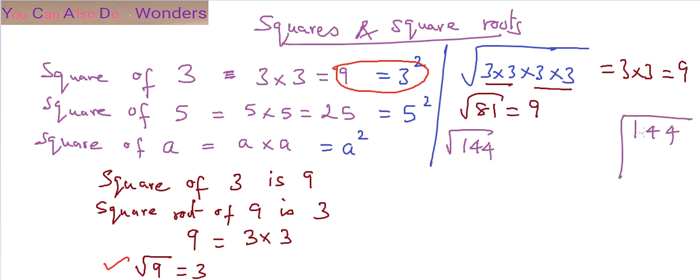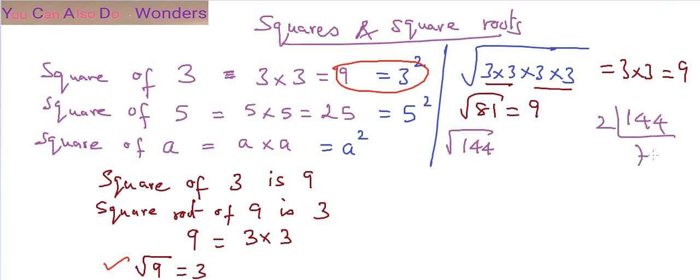So you divide 144 by any prime factor. So 144 is divisible by 2. So let's prime factorize 144. It's divisible by 2, which is a prime number.